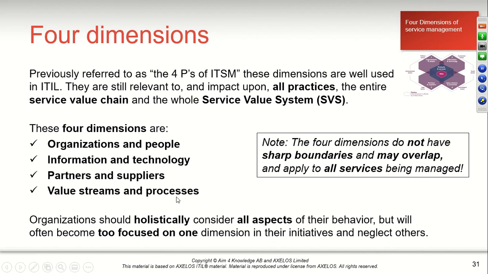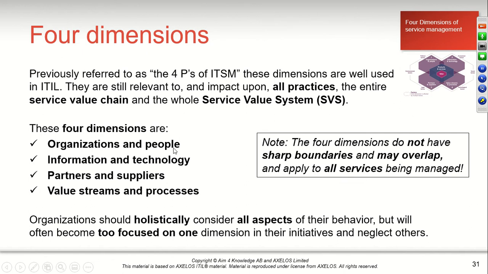Okay, so these four dimensions do not have any boundaries, and they can also overlap. So you can have organization and people, information and technology overlapping, and they also apply to all services being managed. For all services being managed, you need to consider these four dimensions.